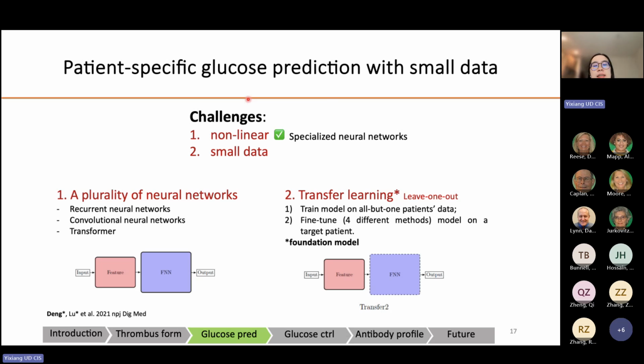Then in the second training step, we fine-tune the model using 4 different methods on a targeted patient, using just a little bit of their training data. This idea also helped develop the recent, very popular foundation models in different areas. So it seems that we can tackle the second challenge of small data using transfer learning.